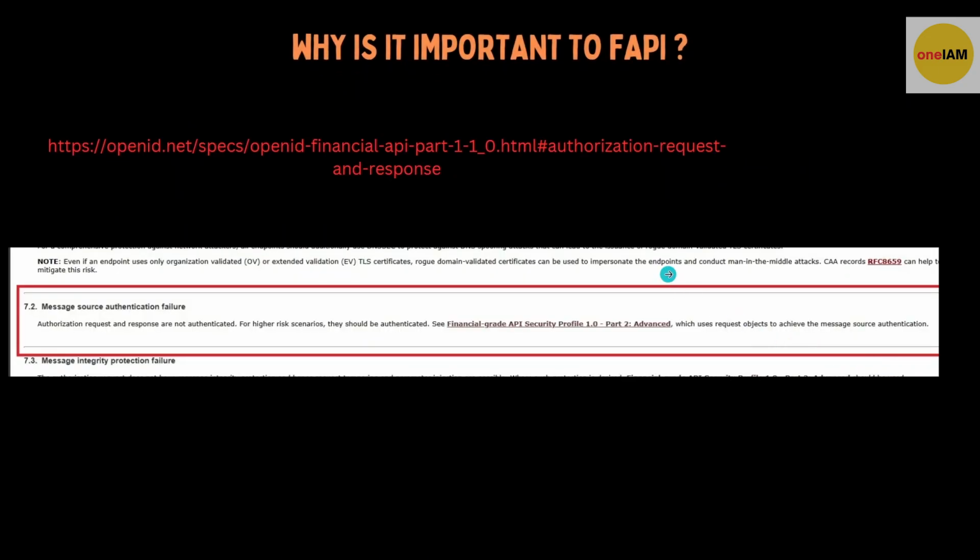Also, when it comes to Financial-grade API security, this becomes even more crucial, because in FAPI, for higher risk scenarios, our authentication request should be authenticated, and this is achieved through the request object via message source authentication. So this plays a very crucial role in Financial-grade API security.